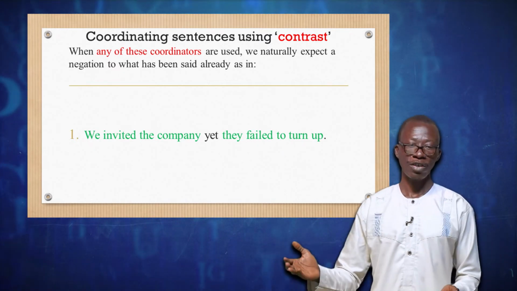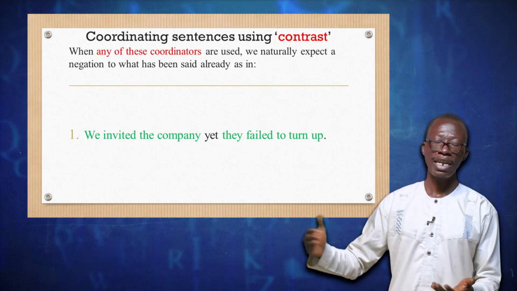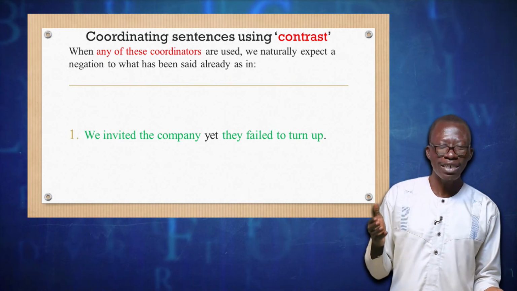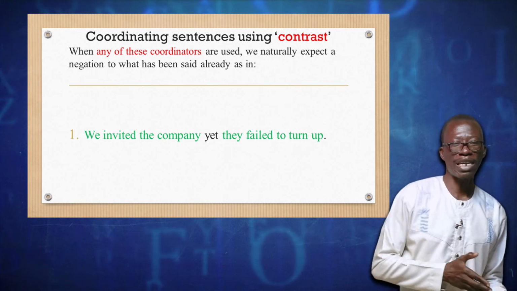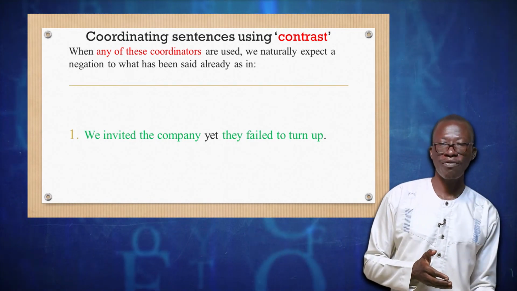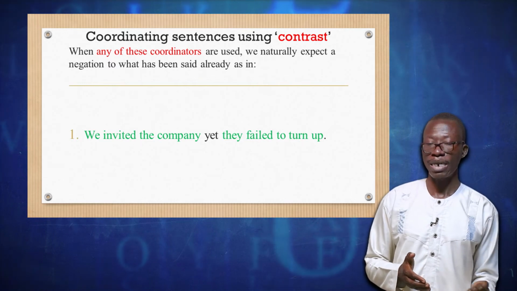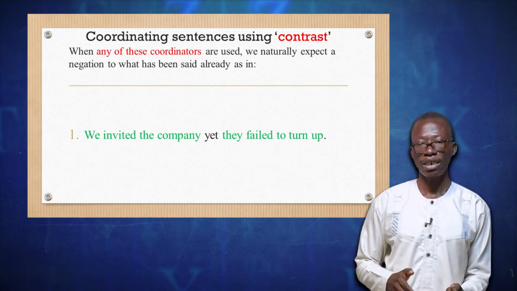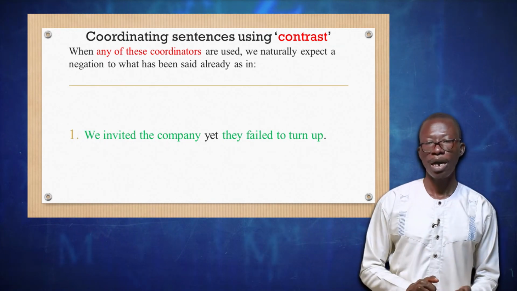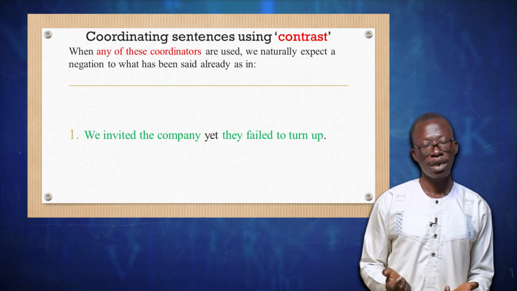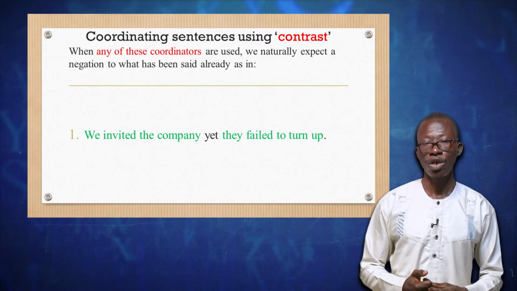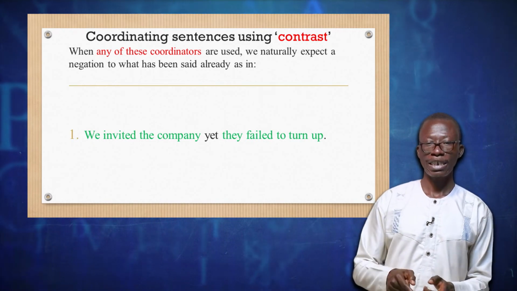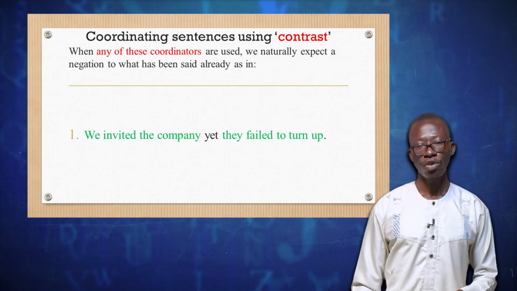So the second clause, they failed to turn up, that second independent clause, doesn't agree in terms of the natural course of events with the first one, which is we invited the company. It is an expectation that as far as the company was invited, the company should have honored the invitation. However, in this case, it didn't happen so. So the coordinator that indicates contrast, yet, has been used to join these two independent clauses.